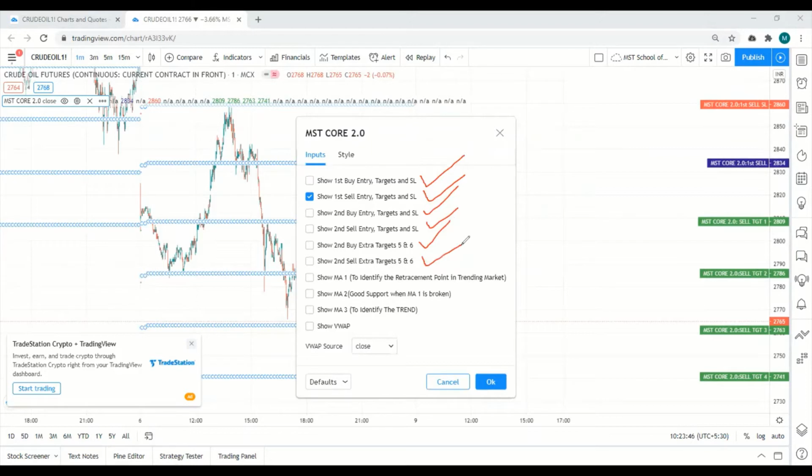And fourth, sell target extra, fifth and sixth. Then we have three important parts: moving averages 1, 2, 3, and VWAP. This VWAP was added based on a request from a client. When he requested, we immediately added it and updated everyone.